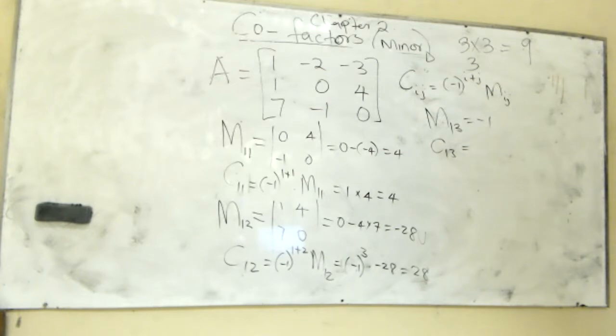I'm getting 3. He's getting a cofactor of 3, and which answer are you getting for the cofactor? I want to compare the answer you get and the answer he is getting.